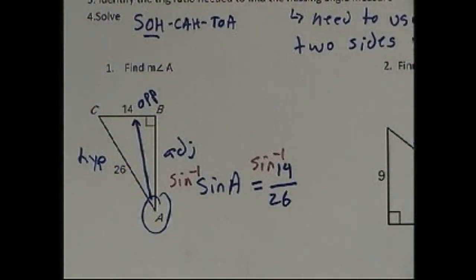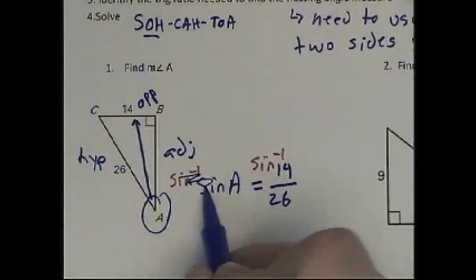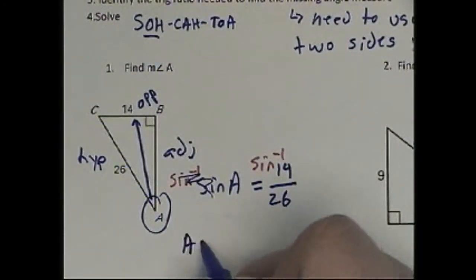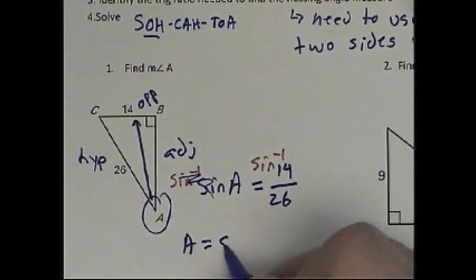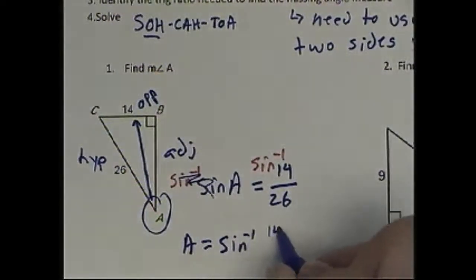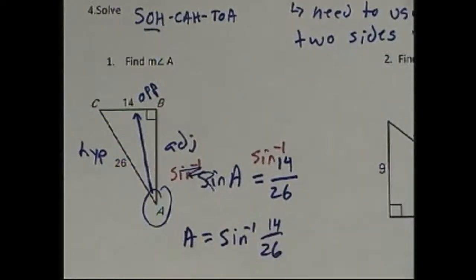If you are using your iPad, MyScript, you have to put an A in front of the sine, a little lowercase a. So you do lowercase a, sin, and then 14 over 26. What this does here is this cancels out, and so A is equal to the sine inverse of 14 over 26. And type that into your calculator.